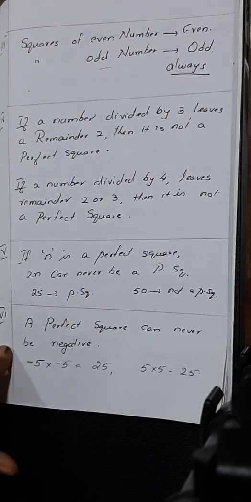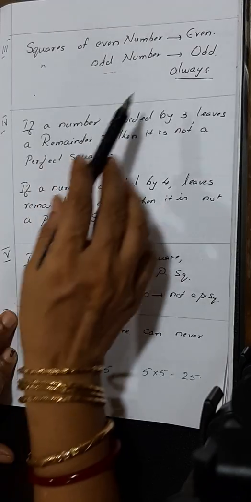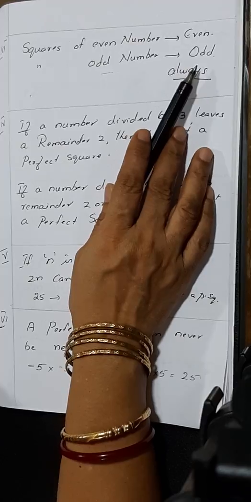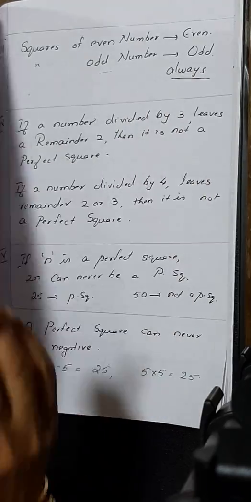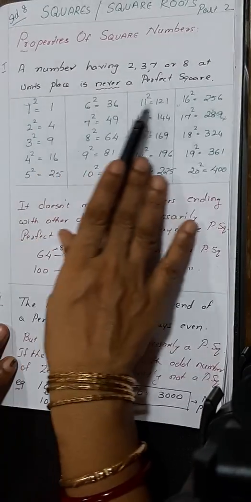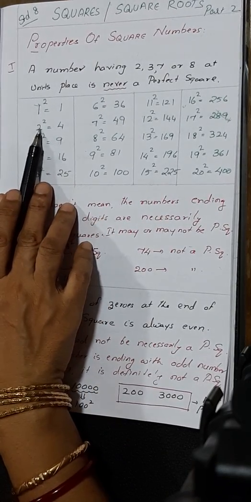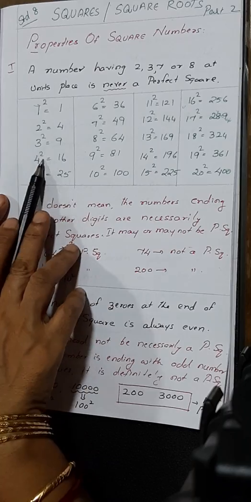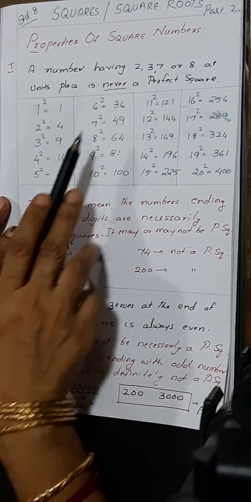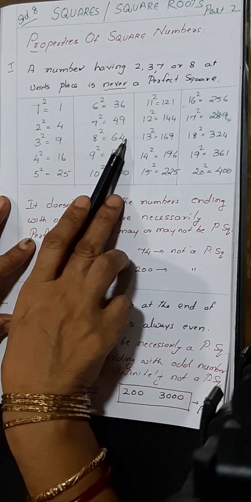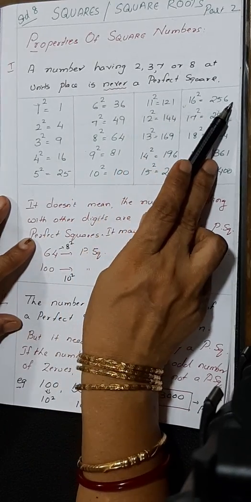The square of an even number is always even, and the square of an odd number is always odd. Just go through this table. For even numbers, 2 squared is 4, 4 squared is 16, 6 squared is 36, 8 squared is 64, 16 squared is 256.